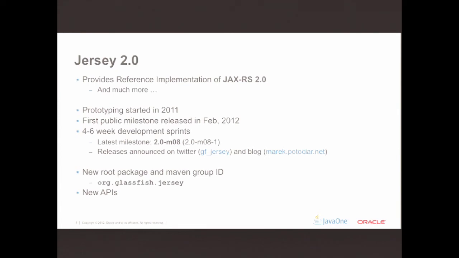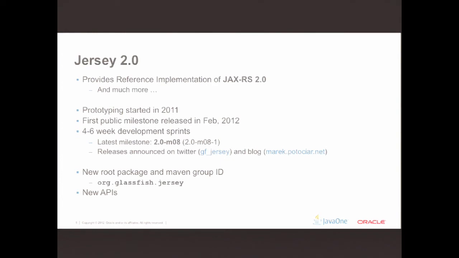The prototyping of the project, the early work, started in 2011, and in that phase we basically decided, as I showed you in those diagrams, that not only the diagrams are different, we are really talking about completely different code bases here. So Jersey 2.0 has nothing to do with the Jersey 1.0 code base.